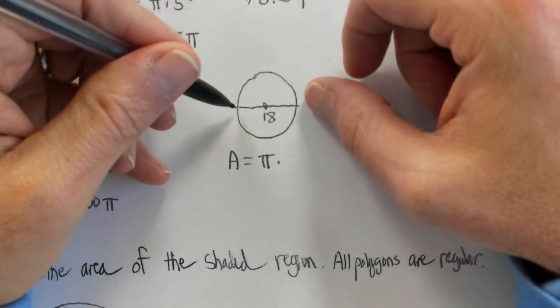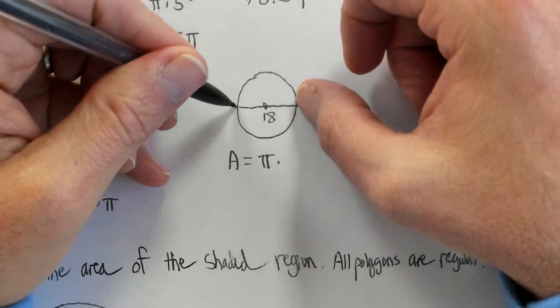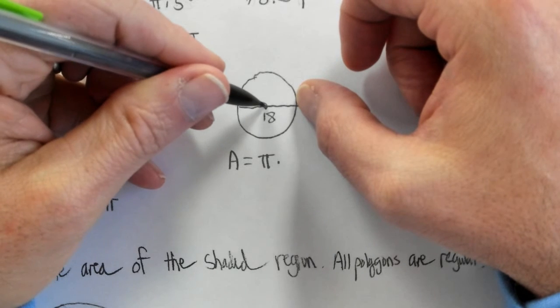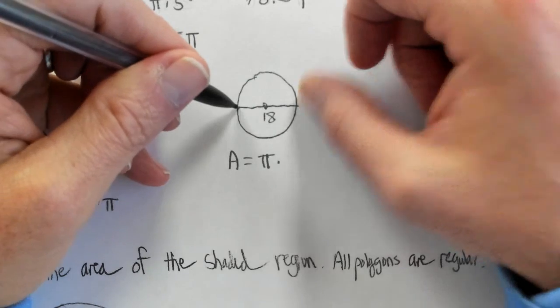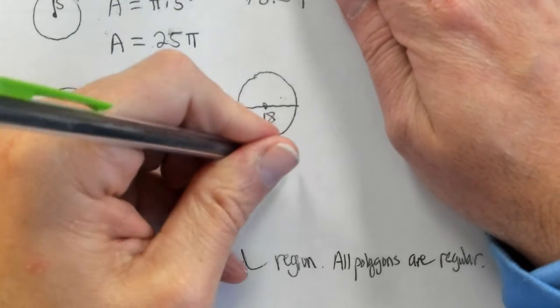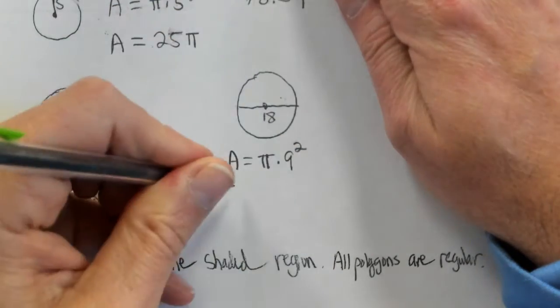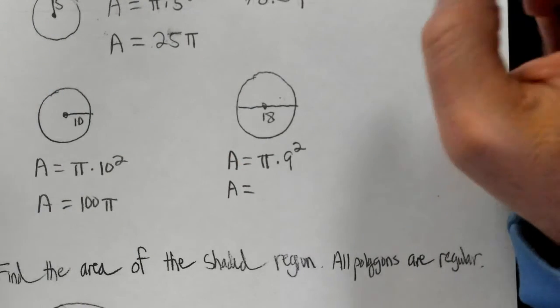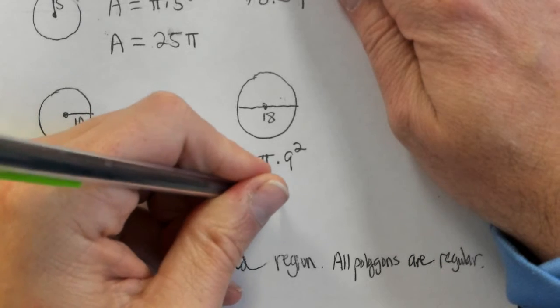So don't be tricked by this. This is the diameter. Diameter is all the way across and the radius is halfway across. So if the diameter is 18, my radius is going to be 9. So that's one that trips students up quite a bit. And so then my area would be 81 pi.